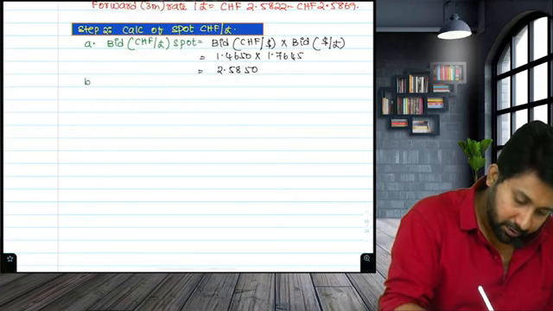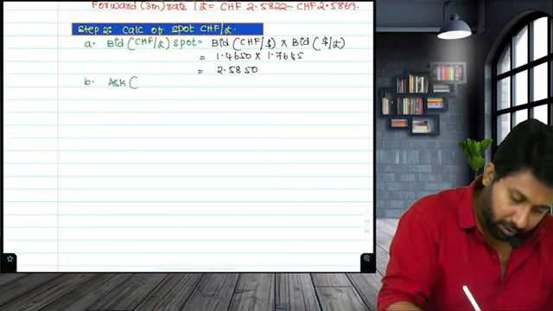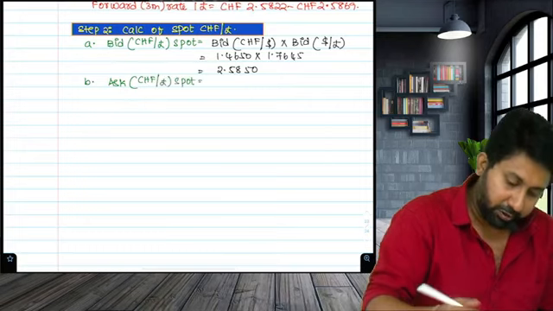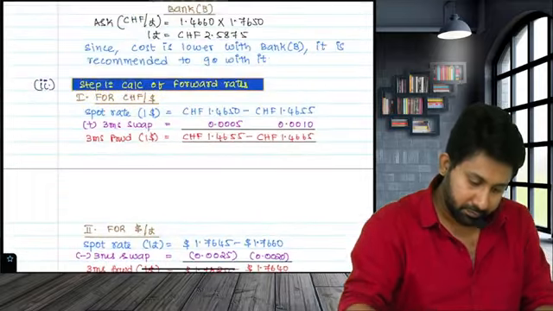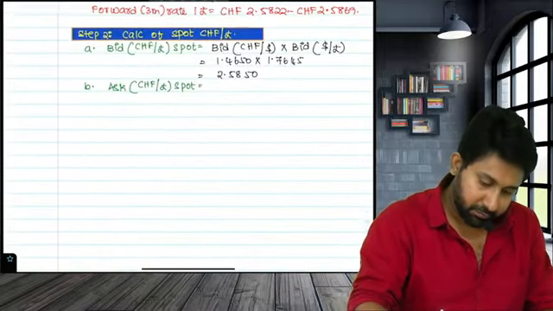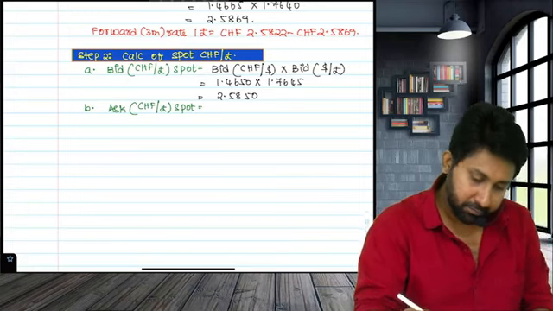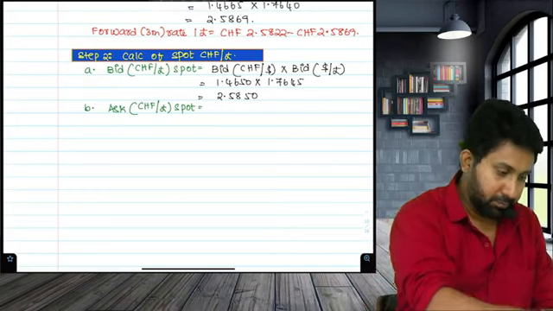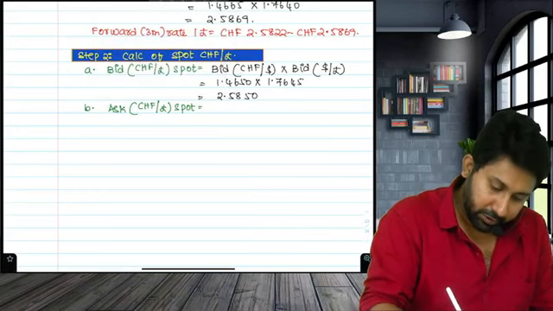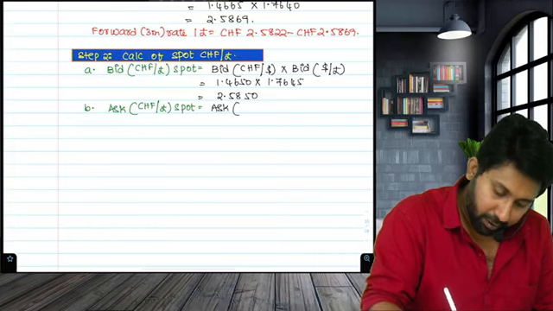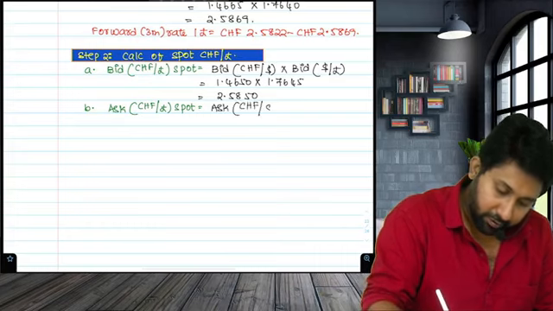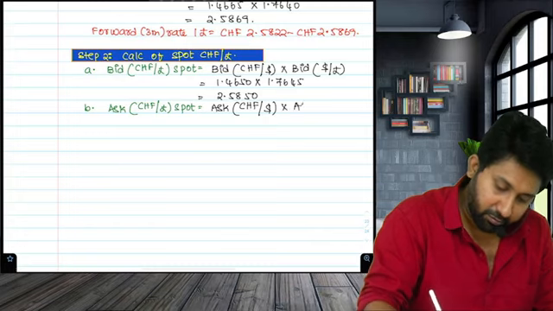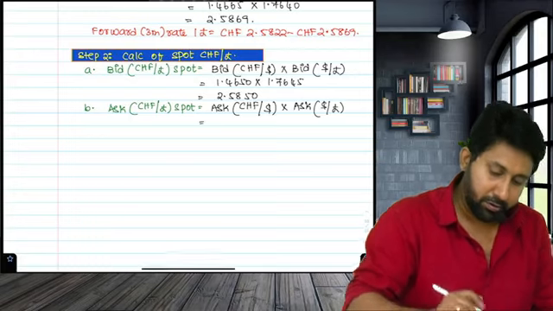Next, ask of CHF by pound spot equal to ask of CHF by dollar into ask of dollar by pound.